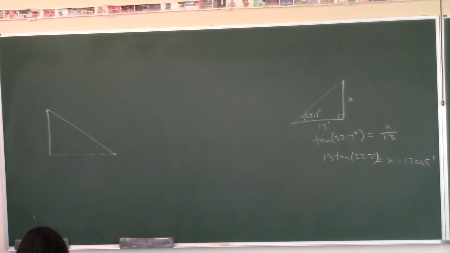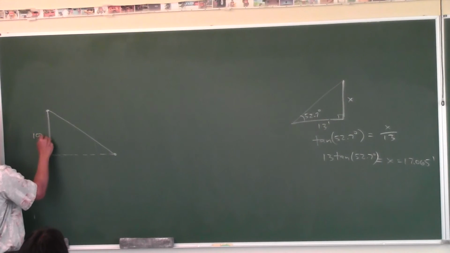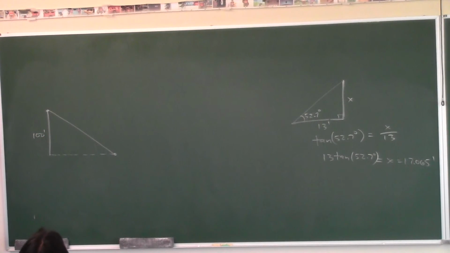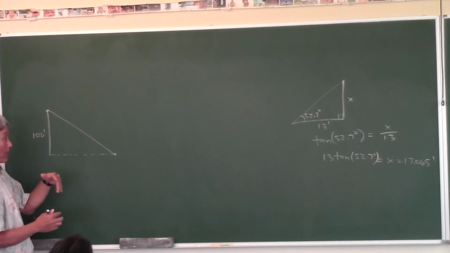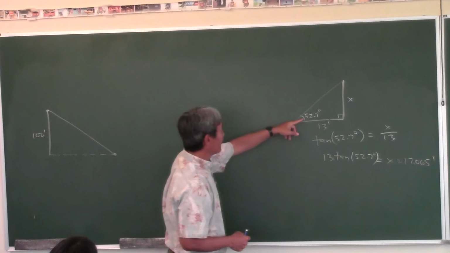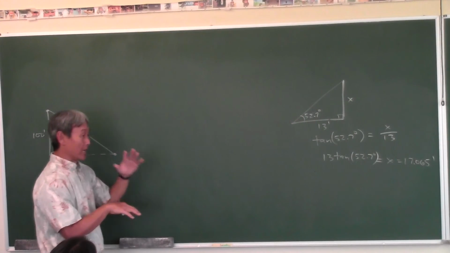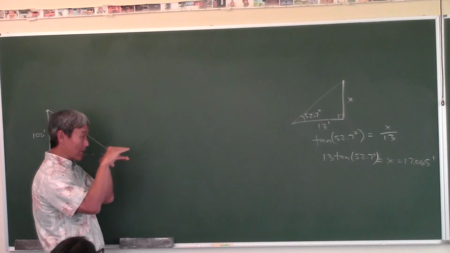Let's say we know the height of the cliff. Let's say the cliff is, give me a number, 100 feet. Okay, that's a good sized cliff. And remember, whenever you compute an angle of elevation or an angle of depression, it's always measured from the horizontal.